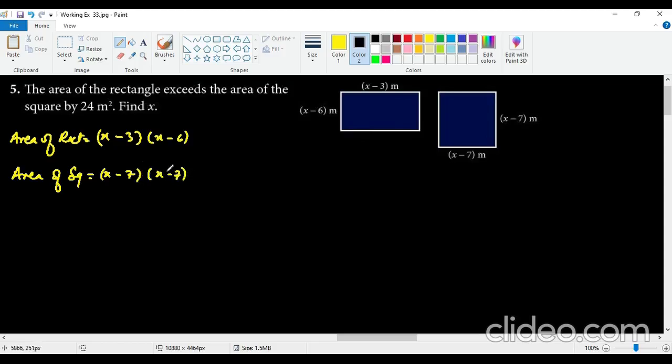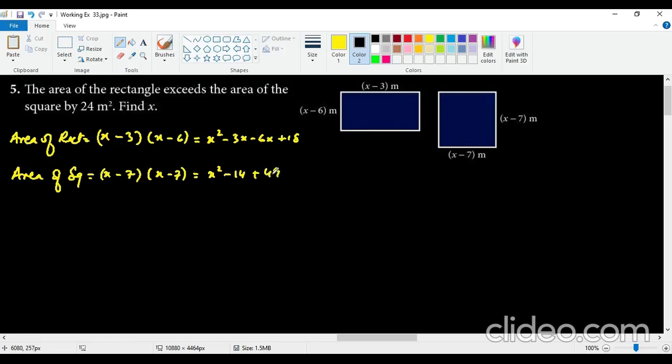Now when we multiply this equation, this gives us x square minus 3x minus 6x and plus 18. And this equation, of course, gives us x square minus 14x, and minus times minus gives us plus 49.